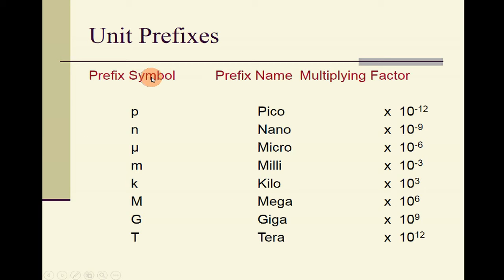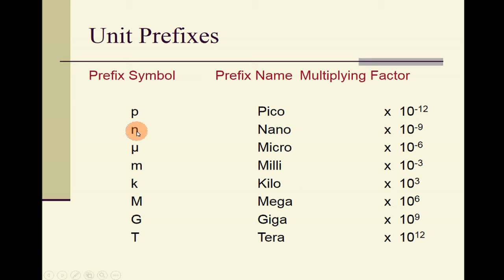Here are the prefix symbols, prefix names and their multiplying factors. Pico, the prefix symbol is P, and its multiplying factor is 10 to the power minus 12. So we can say that pico is the smallest unit as compared to tera. Tera is the biggest unit and pico is the smallest one.